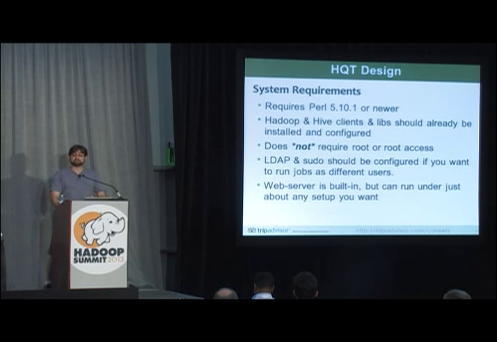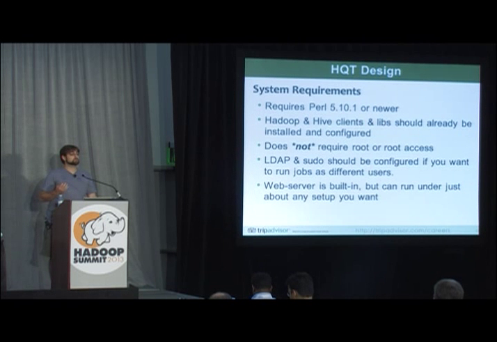System requirements are actually quite simple. You need Perl 5.10 or newer. 5.10.1 is pretty old now, so you should have that. It's installed by default on CentOS 6 and Red Hat 6, and that or newer is available on Mac OS and Ubuntu and whatnot. You install your Hadoop and Hive client libs and whatever configuration you might want on the client side. Don't run it as root. It doesn't need it.